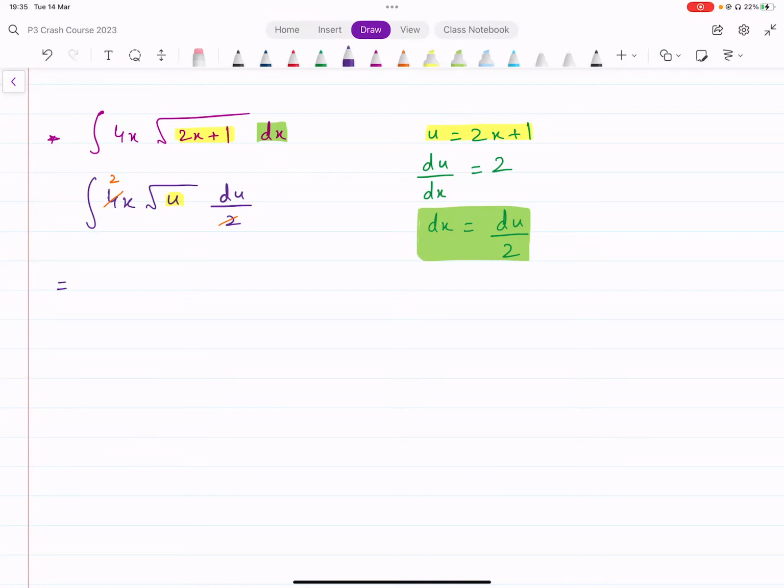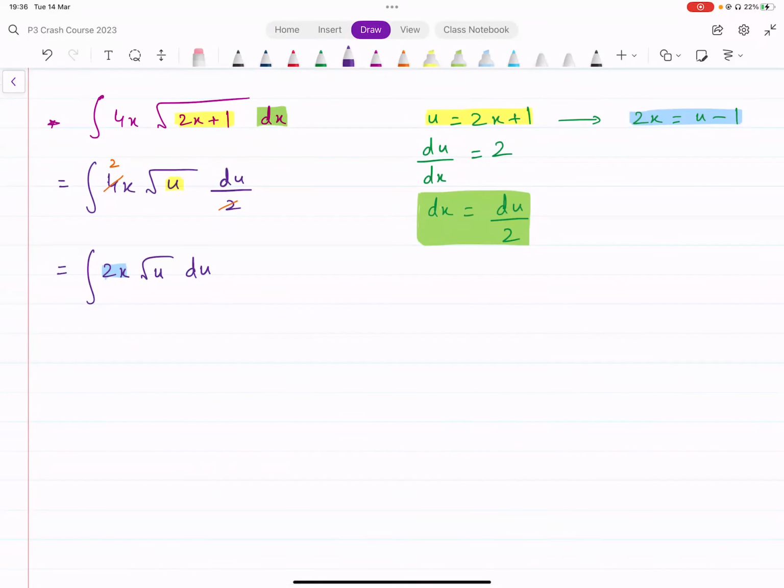All right. So now we need to think again and look at the substitution that we have. u equals 2x plus 1. How can we replace this x here? Or you could also just think of this 2x as a whole. If u is 2x plus 1, this gives us that 2x is equal to u minus 1. And we could use this to convert 2x to u minus 1 there.